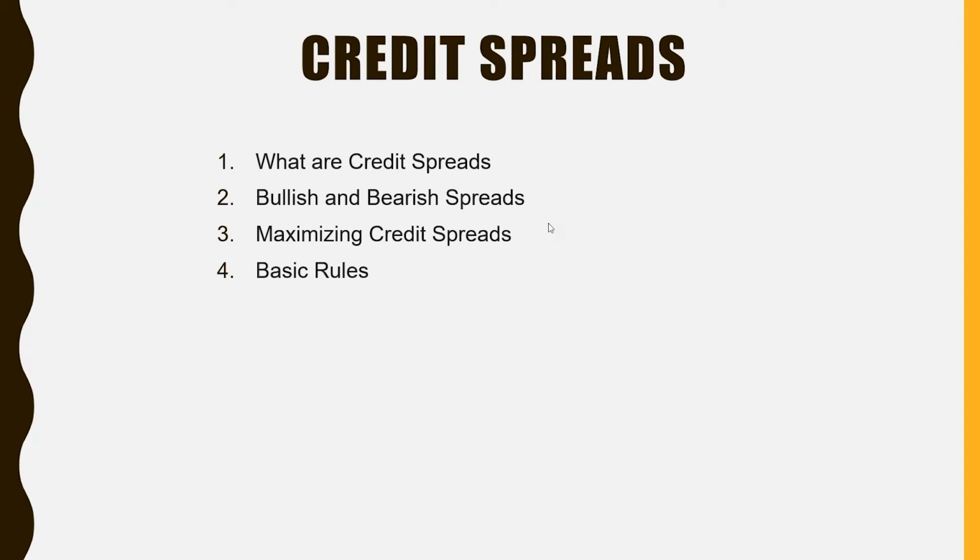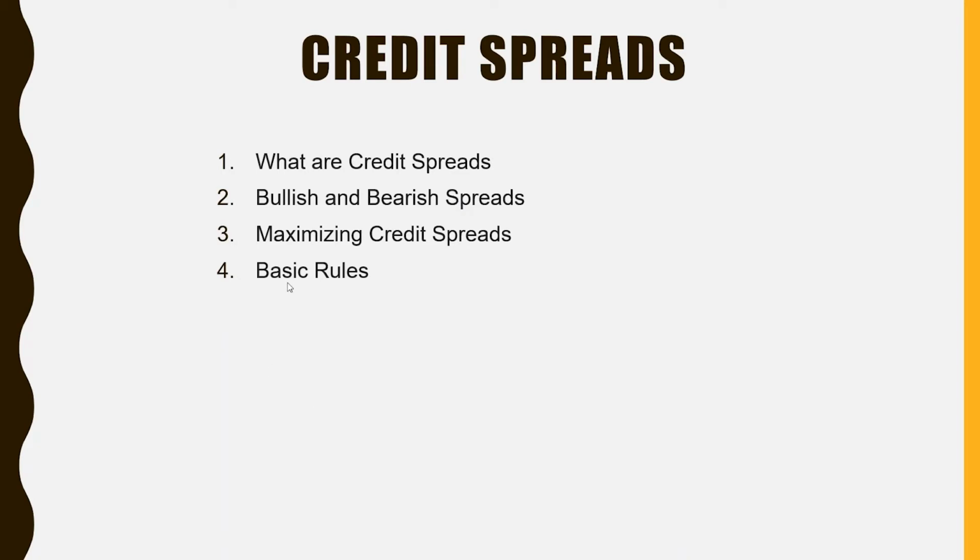All right. So today the subject would be the credit spread. And these are the four things that we're going to cover today. First is what are credit spreads? The second one is we're looking at the two scenarios, bullish and bearish spreads, and how we can maximize the credit spread, which is how we can set up the trade to maximize the premium we can collect as much as possible.